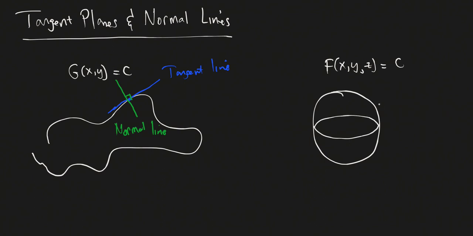And now the idea of a tangent line doesn't make much sense anymore, because your surface is actually 2-dimensional. A tangent line makes sense when your curve is 1-dimensional, right? You just basically define it as this object that has the same slope as the curve, and it passes through that same point on the curve.